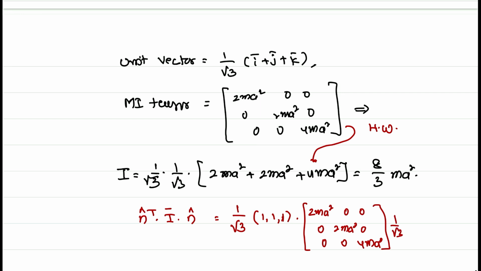Here it is transpose, here it is straight. Transpose is a row matrix. This 1 by root 3 into 1 by root 3 will become 1 by 3, and this whole becomes the addition of this, and the answer is this.